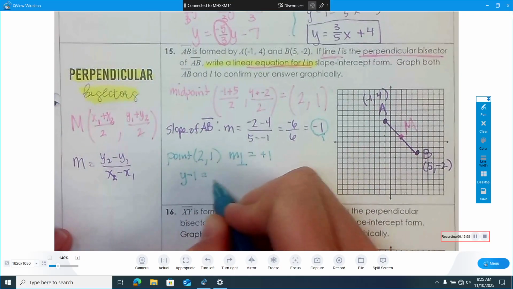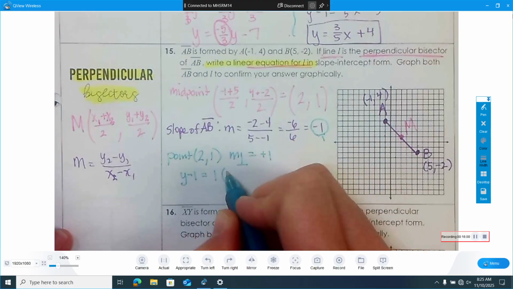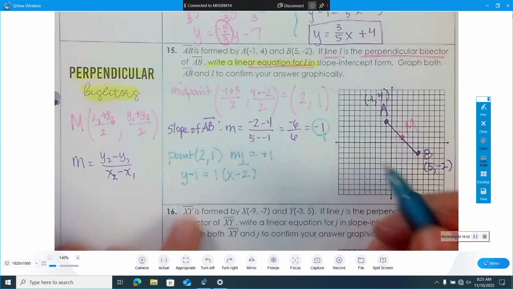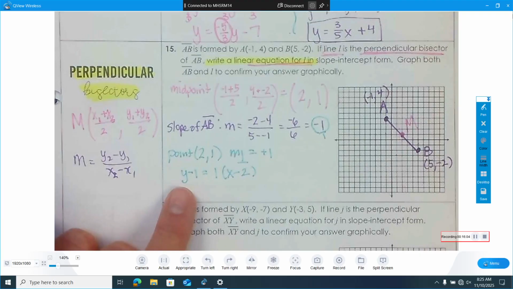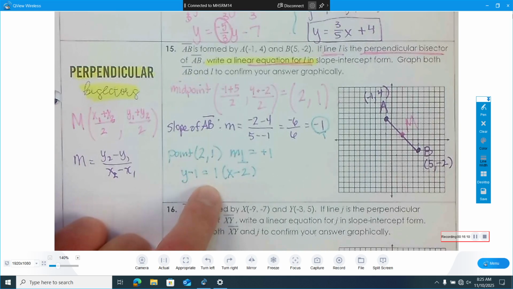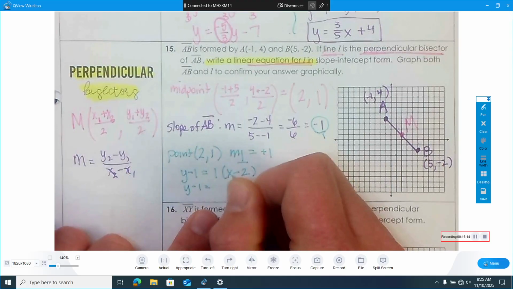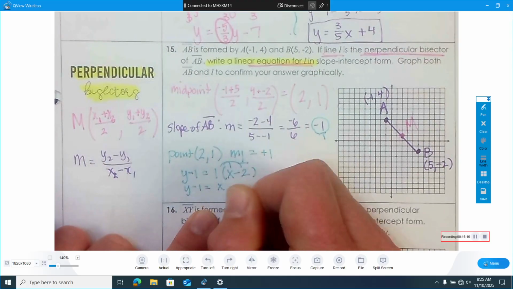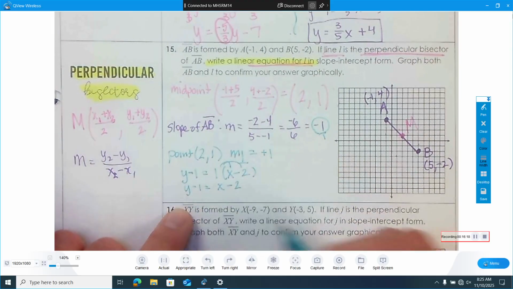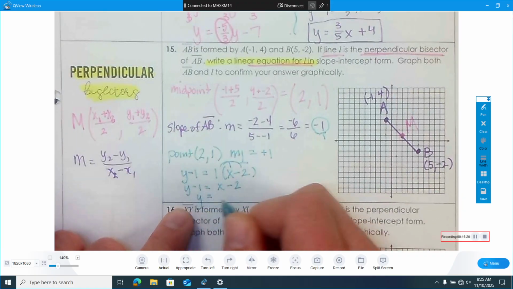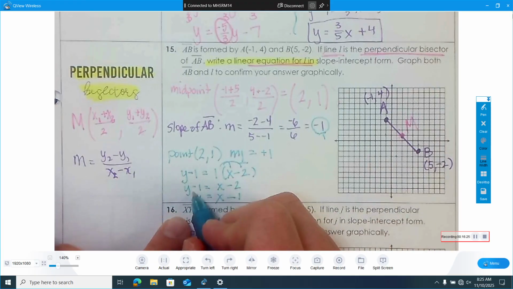Y minus 1 equals 1 times the quantity x minus 2, using my point and my perpendicular slope. Y minus y1 equals m times the quantity x minus x1. Okay, I can distribute. I get y minus 1 equals 1x minus 2, and then I can add 1, so we get y equals x minus 1.